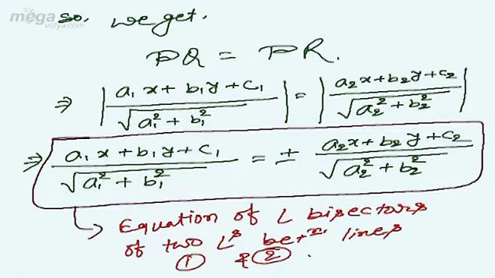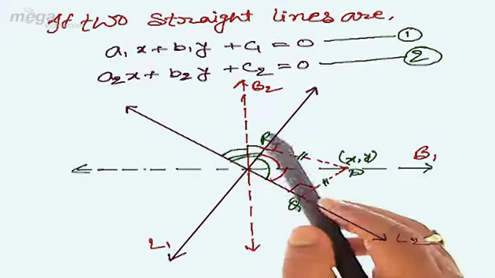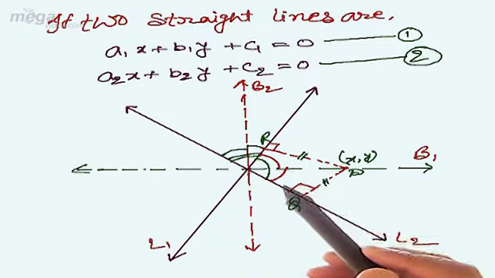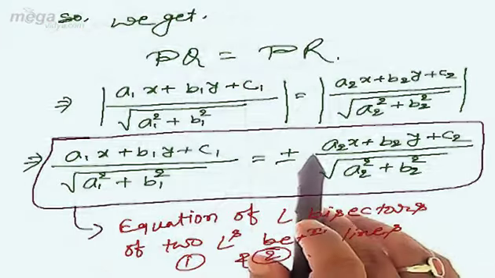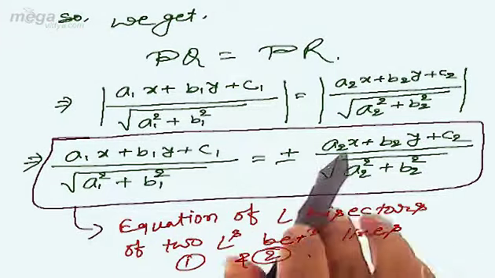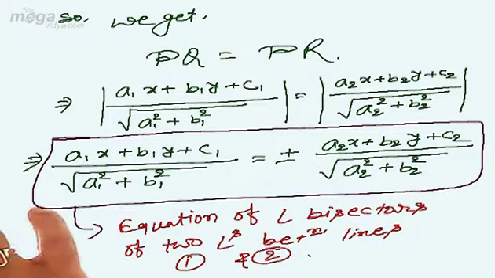So student, this will be the equation of the angle bisectors of the two angles between lines 1 and 2. But the question is, see here, one of the angles is the acute angle and one of the angles is the obtuse angle. So which sign will represent the acute angle bisector and which sign will represent the obtuse angle bisector?